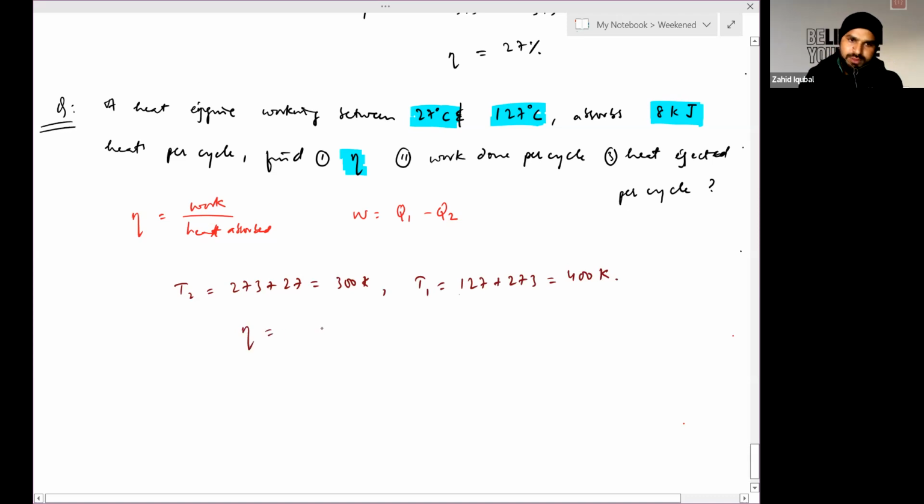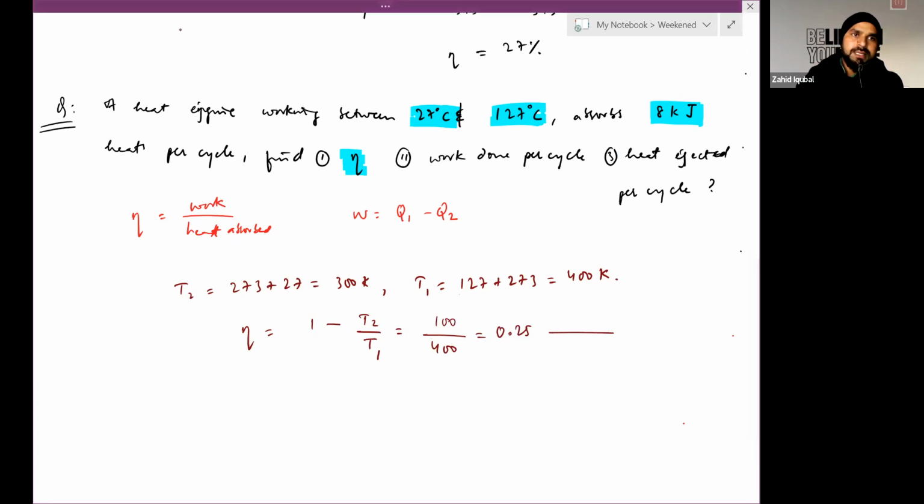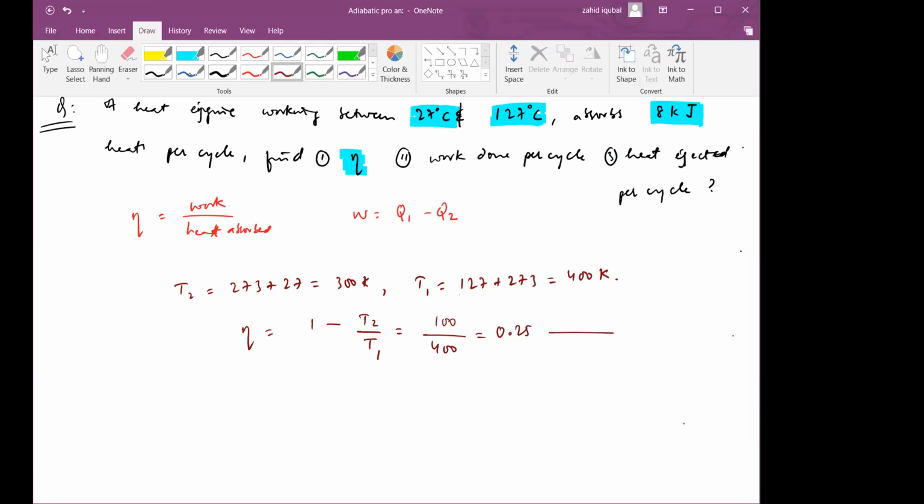So eta equals 1 minus T2 by T1. T1 is 400 and T2 is 300, so 400 minus 300 is 100, divided by 400, 1 by 4, that will be 0.25. So that is the first answer. Mehreen, is it clear? Yes, sir.